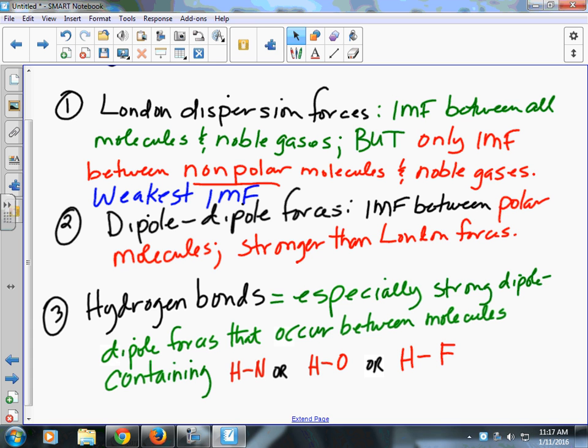Water has this. Hang on. You can do this at home, but I want to demonstrate just how strong hydrogen bonds are. At home, take your water faucet and get a really thin stream of water.